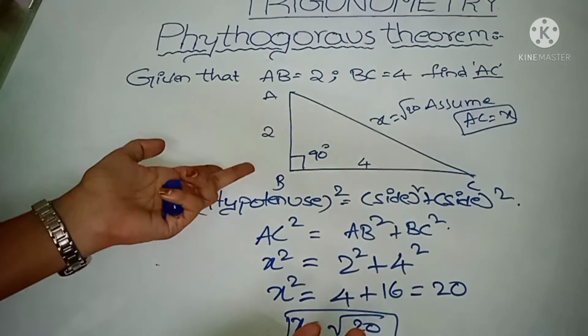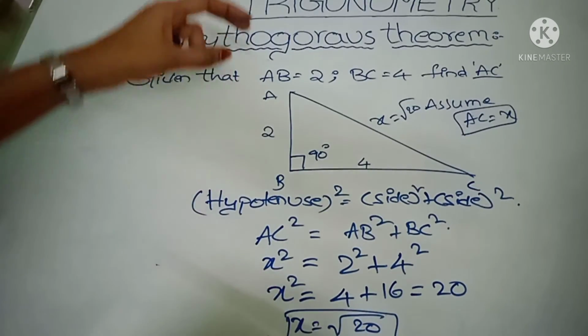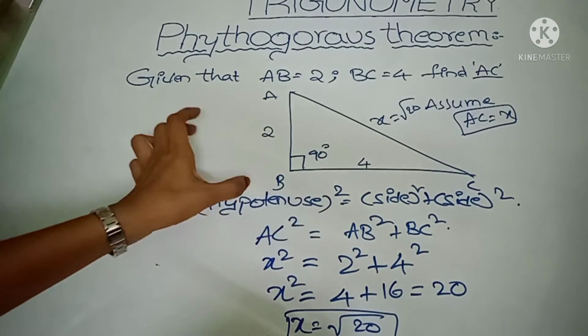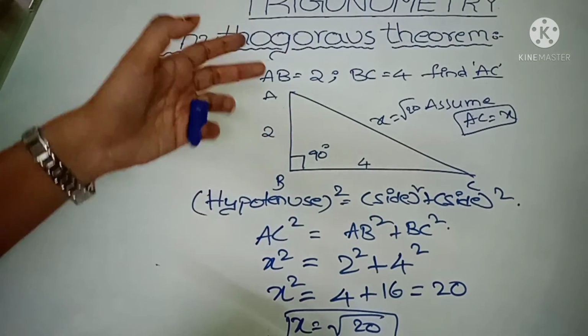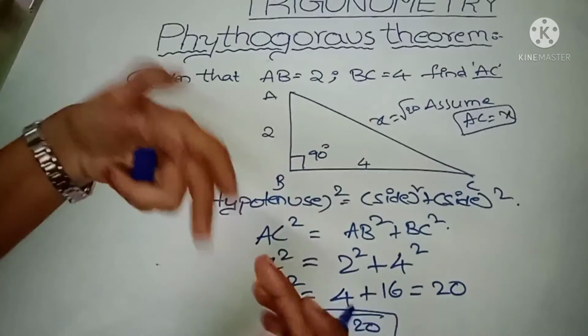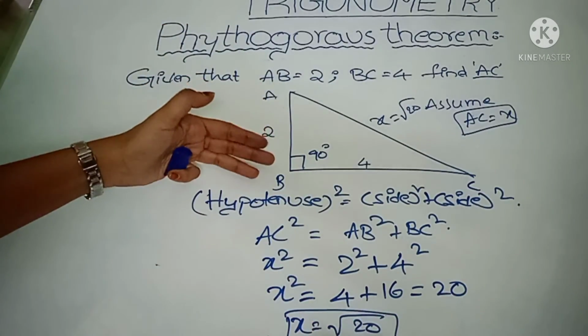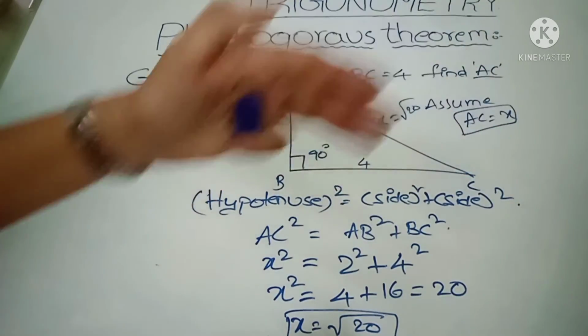The hypotenuse: first we need to draw a figure, a right angle triangle, and write the values given in the question. If we want to find the hypotenuse value, the hypotenuse square is equal to side square plus side square.